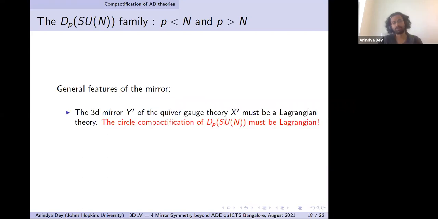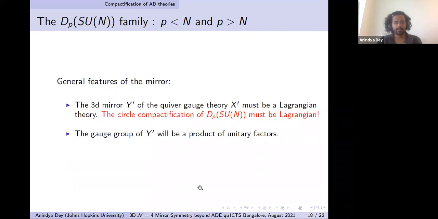Number one, and most importantly, the 3D mirror Y prime of the quiver gauge theory X prime must be a Lagrangian theory. This in particular implies that when you dimensionally reduce a D_p(SU(N)), you will always get a 3D SCFT which has a Lagrangian description. And this exercise that I just did actually allows you to construct that Lagrangian explicitly. I think this is a major result.